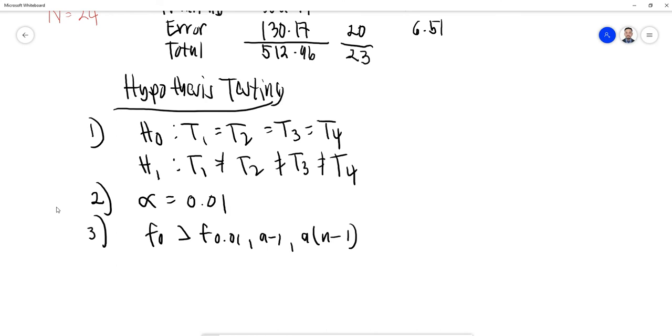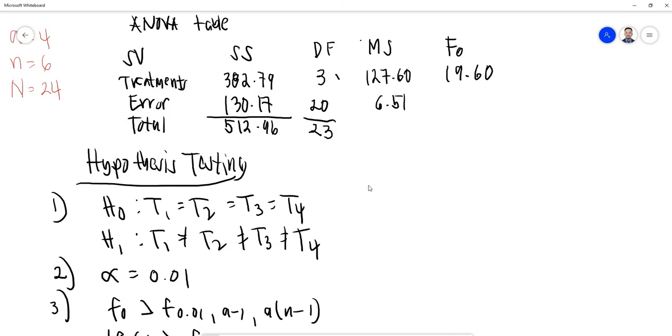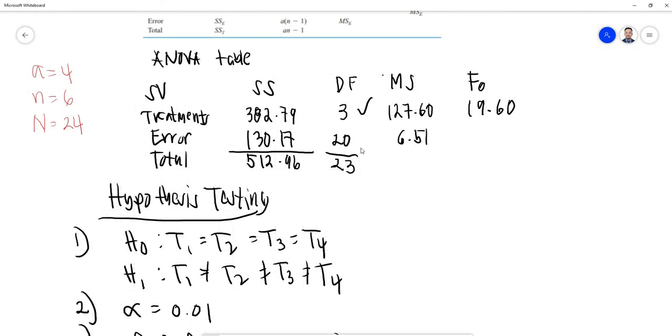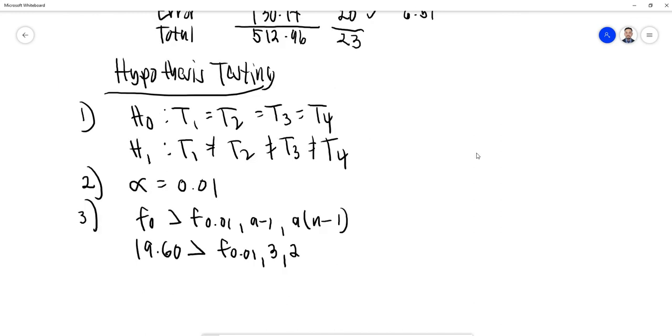F stat is 19.60. For a minus 1, it is 3. And in this one, a multiplied by n minus 1 is 20. And in our F table, this is V sub 1 and this is V sub 2.